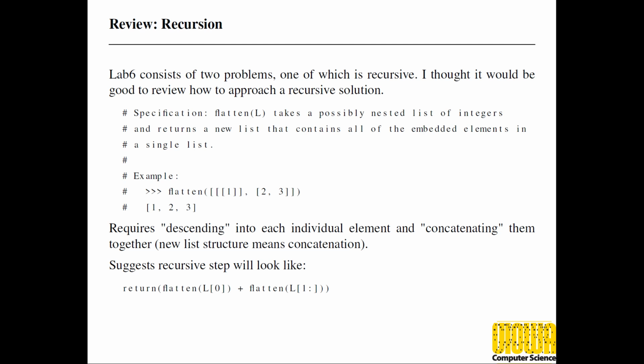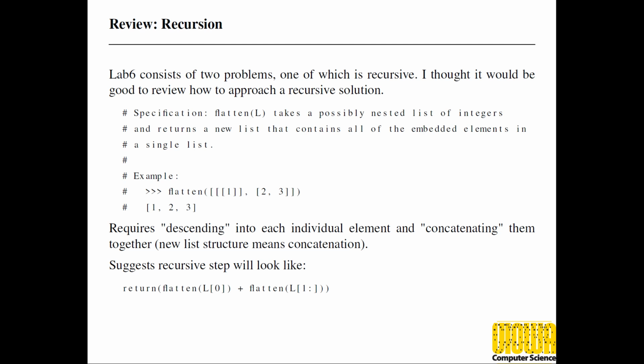And then I'm going to do the same thing for the rest of the list. So we think of this as the head of the list, and this as the remainder of the list. For this reason, this is sometimes called tail recursion, because I have the head and the tail. I'm going to do something to the head, and then I'm going to do the recursion on the tail of the list. Here I have to do recursion on both of them because the head might be deeply nested as well.